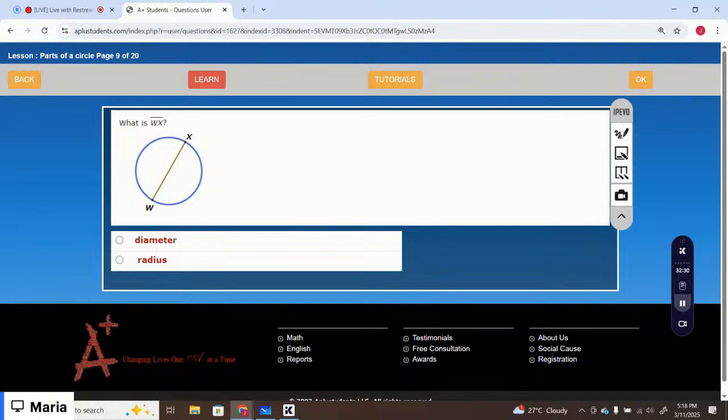WX is the diameter. Option number one is the correct option. Diameter it is.